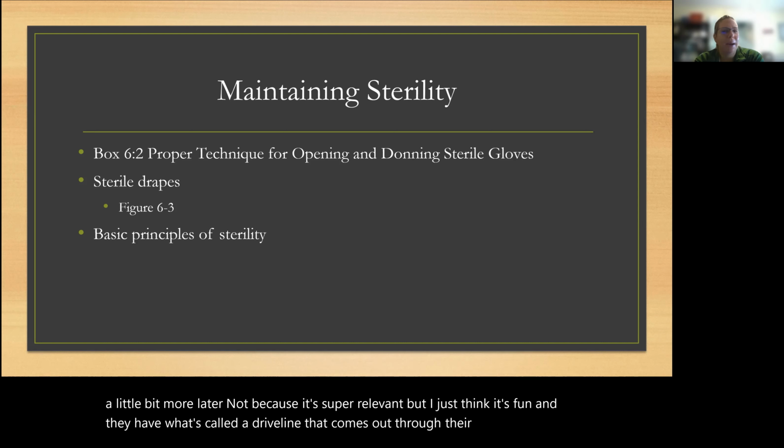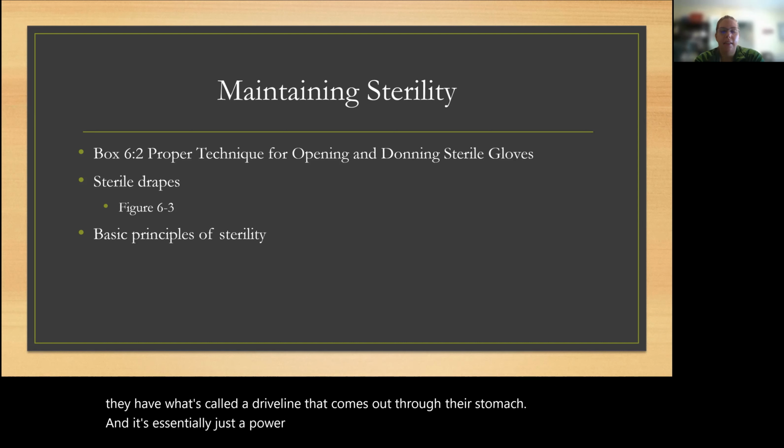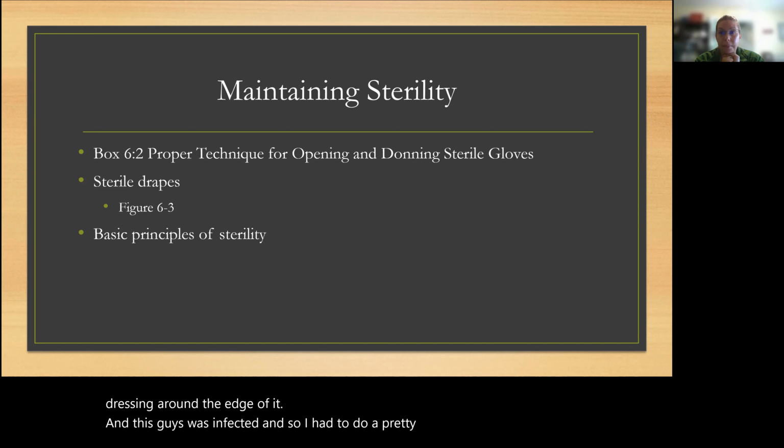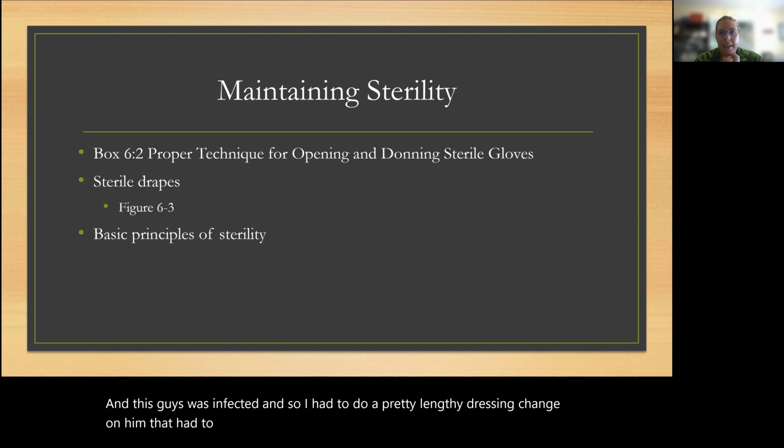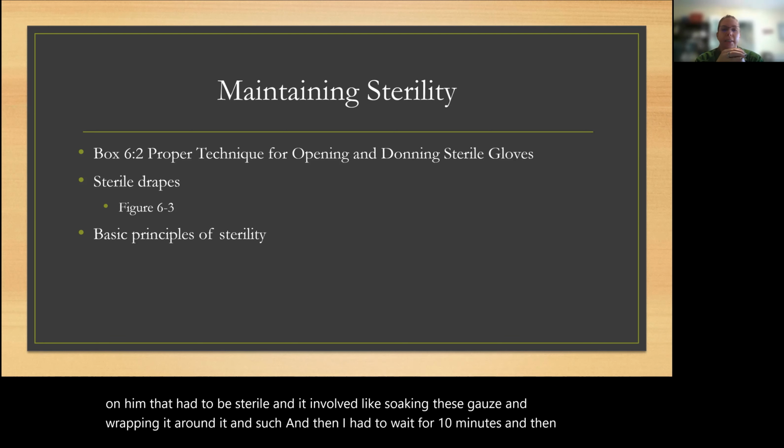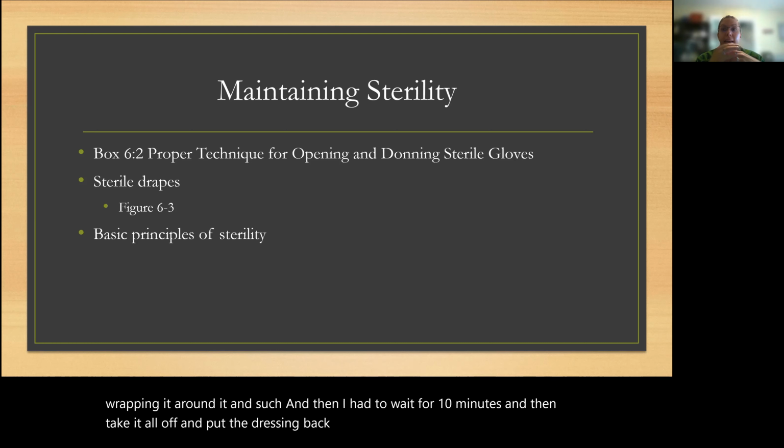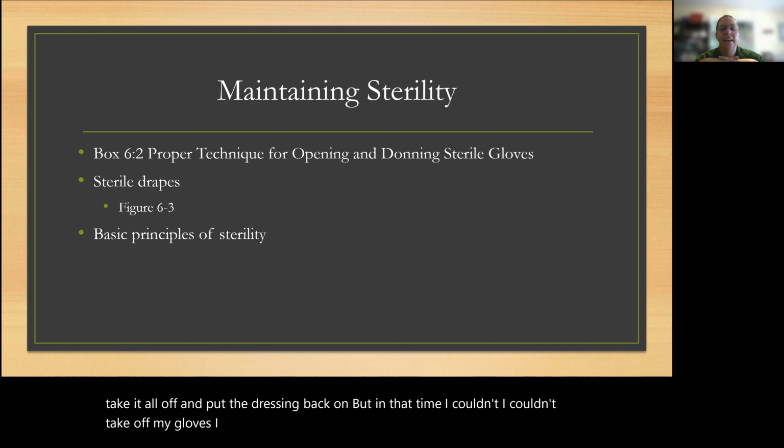It's essentially just a power cord that you have this kind of gnarly dressing around the edge of it. And this guy's was infected. And so I had to do a pretty lengthy dressing change on him that had to be sterile. It involved soaking gauze and wrapping it around it and such. And then I had to wait for 10 minutes and then take it all off and put the dressing back on. But in that time, I couldn't take off my gloves. I needed to maintain sterility.